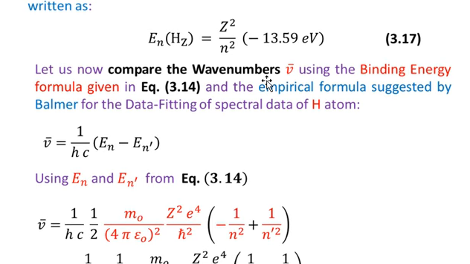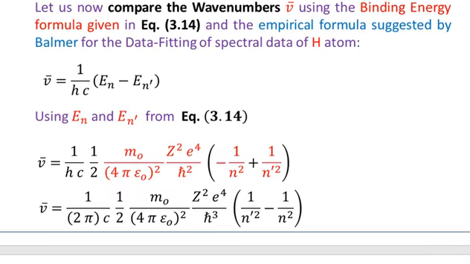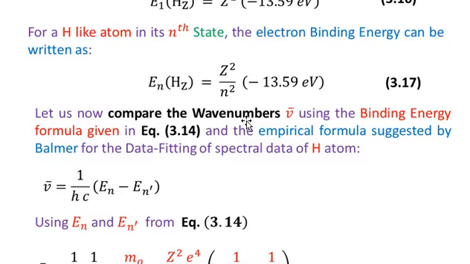Let's compute the wave numbers, represented by nu bar, using the binding energy formula given in equation number 3.14. This is the energy expression, and we can use it to calculate the wave number corresponding to the desired case, along with the empirical formula suggested by Bohr for fitting the spectral data of the hydrogen atom.